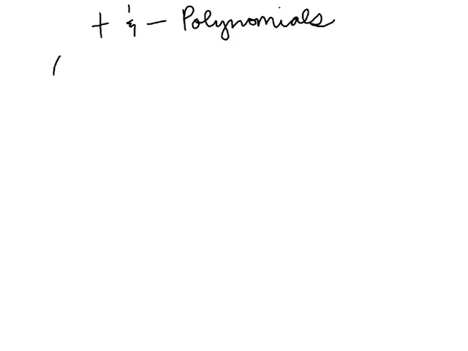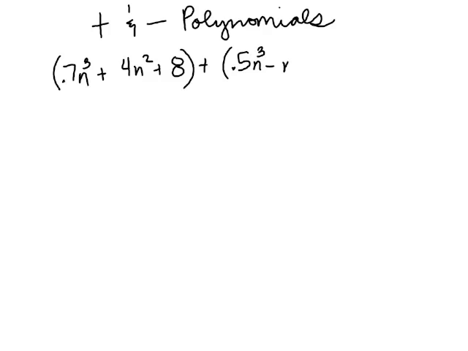Okay, first one they give us is 0.7n cubed plus 4n squared plus 8, in brackets, plus brackets 0.5n cubed minus n squared minus 6n, another set of brackets, 3n squared plus 7n minus 10.